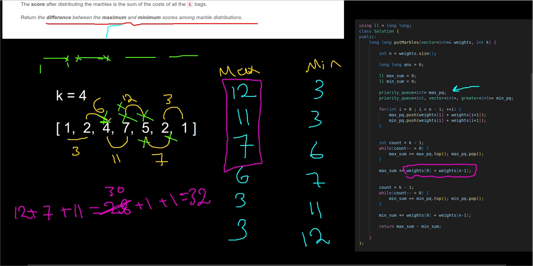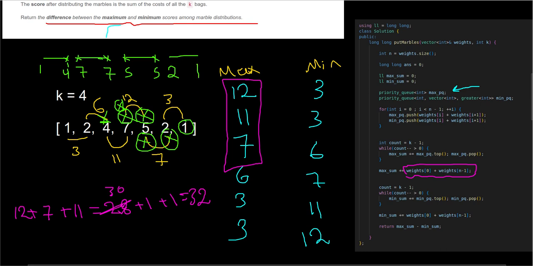so this one here is the first one, which is 4, and this one, the start is 7, and here we have another 7, and here we have 5, so for this one we have 5, and here we have another 5, and here we have 2, and here we have 1.